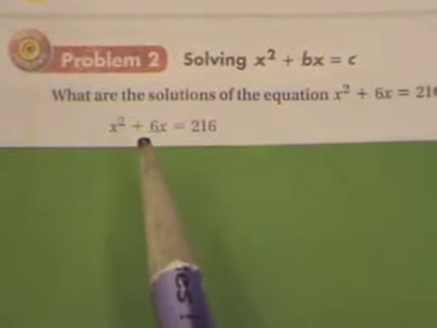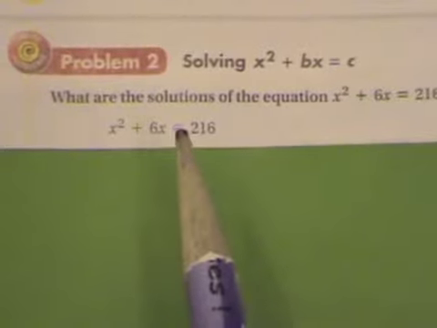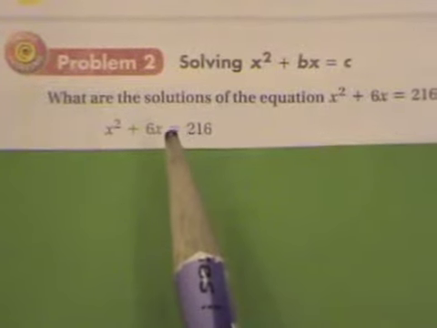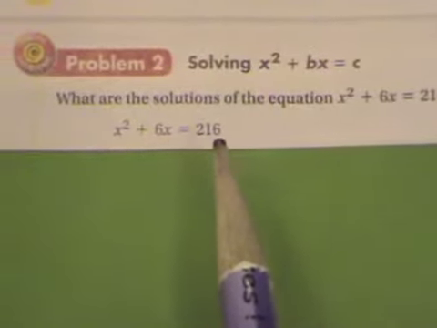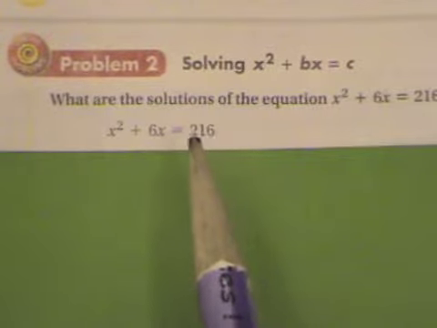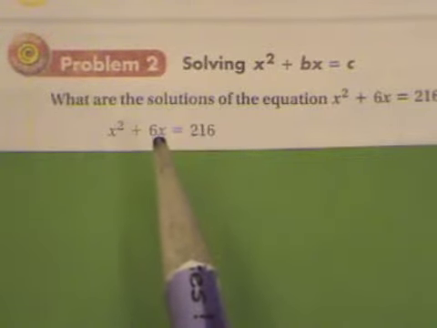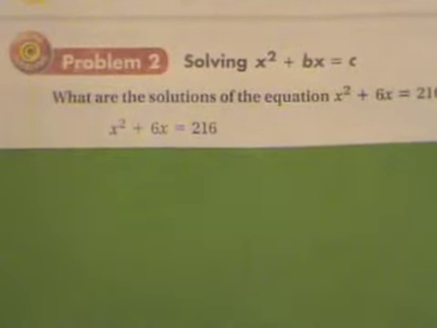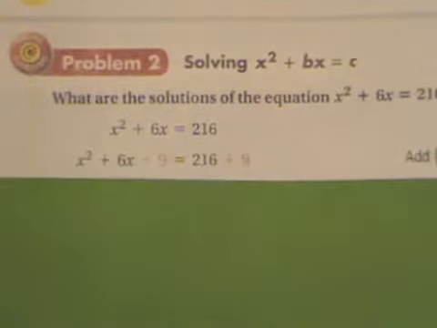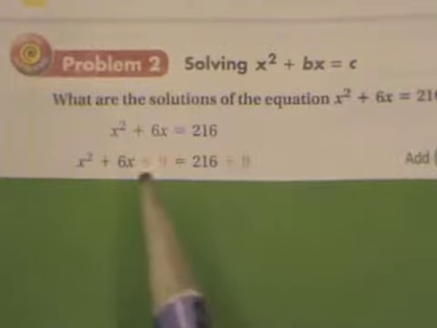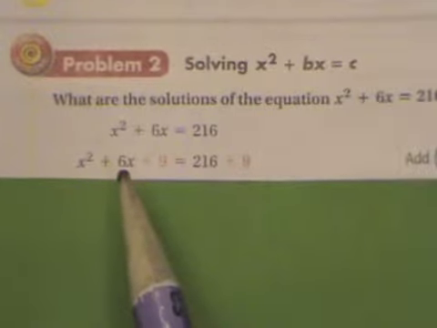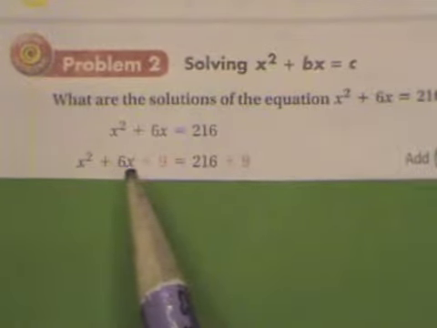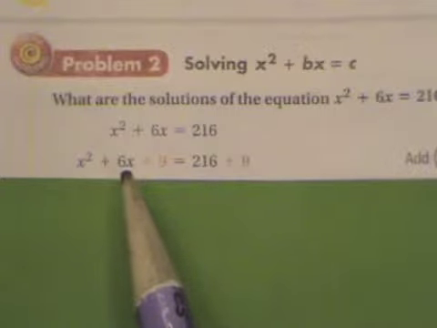Well, we need to add another term in here because 216 is not a perfect square. I'm going to show you this next step, but then we're going to take it apart because they do several things in this first step. If you divide 6 by 2, you get 3.